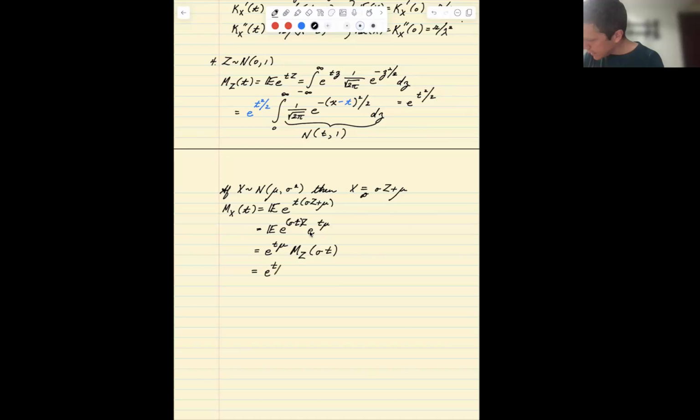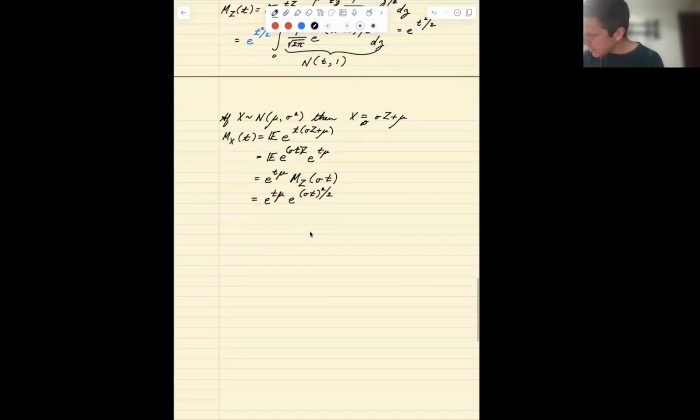So this is e to the t mu, e to the sigma t squared over 2. And so we usually just write this as t mu plus sigma squared t squared over 2.